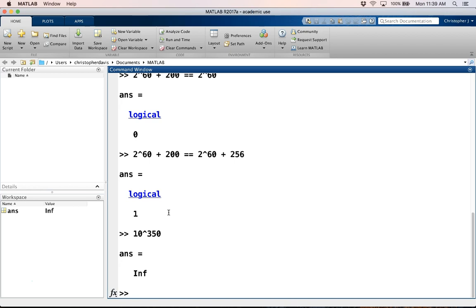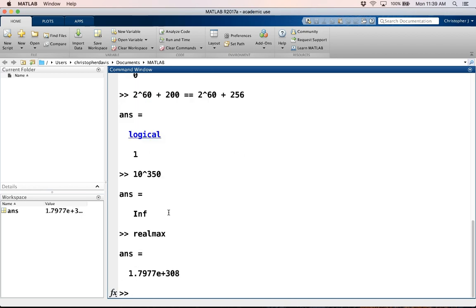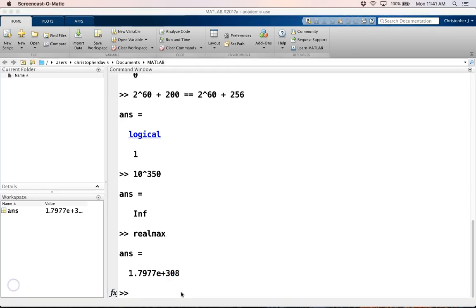If you want to know specifically what's the biggest number that MATLAB knows about, you can type in realmax. So this tells me that approximately 1.79 times 10 to the 308 is the biggest number that MATLAB is able to work with. We're not going to work too carefully with numerical precision in MATLAB, but to me it's important that you know what the limits are of numerical precision in MATLAB.